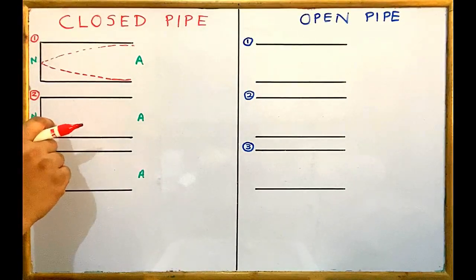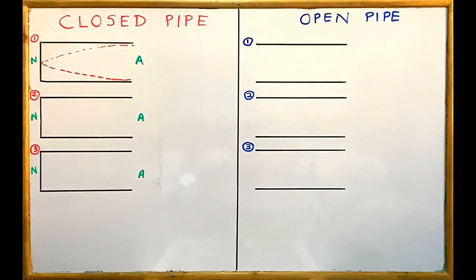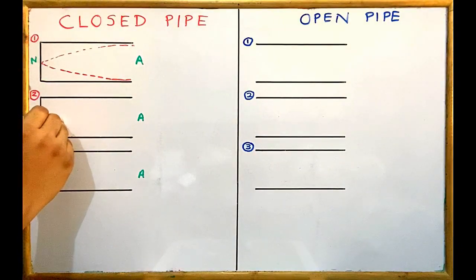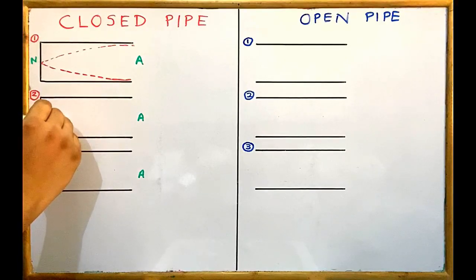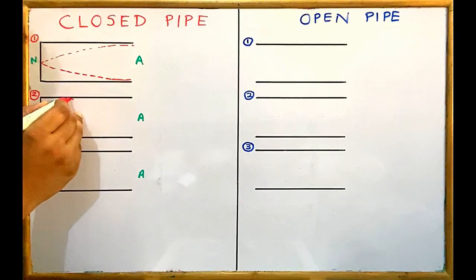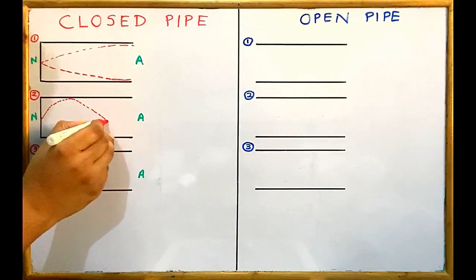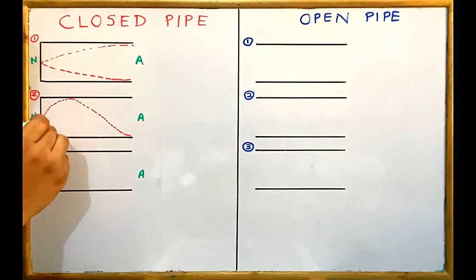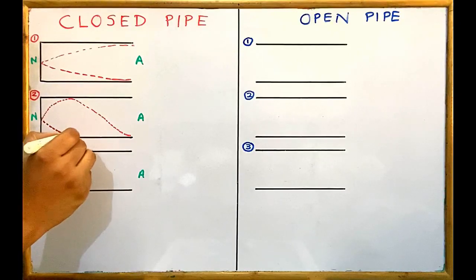Okay, and what would be the next mode of vibration? So instead of having one node and one antinode, I can have two nodes and two antinodes. So how would that be possible is, you start from your node again, so something like this.